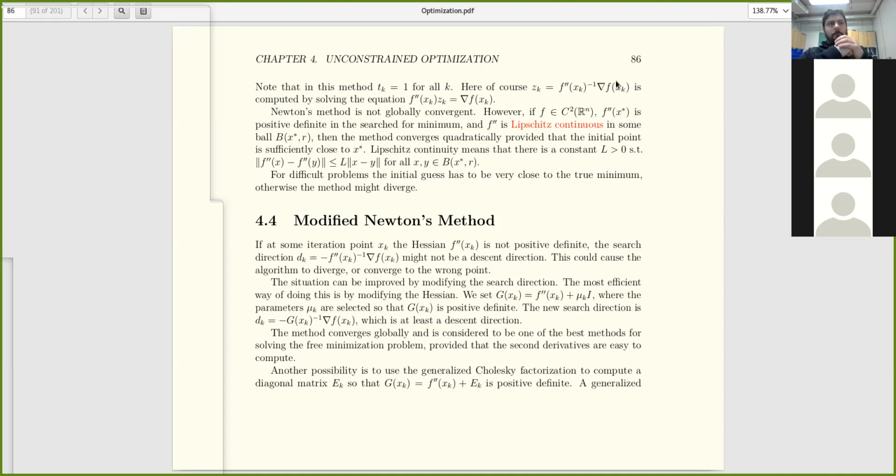So think of the function x to the power of 1.5, or x to the 3 divided by 2. And think about its derivative. Its derivative will be the square root of x. And its second derivative will be 1 over the square root of x.